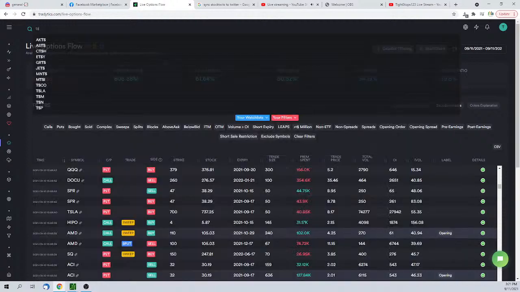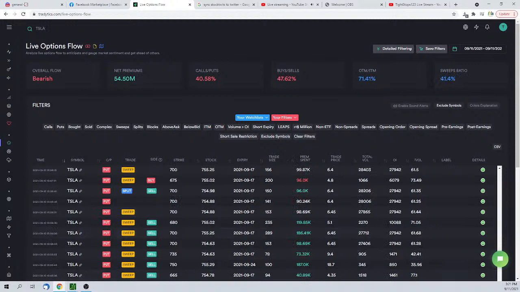So let's look at Tesla that day on Friday. Tesla wasn't a lot better. I didn't look at Tesla Friday, but knowing what the market did, it probably did go down. It's only 47% put selling.